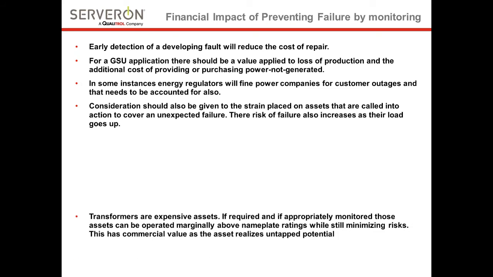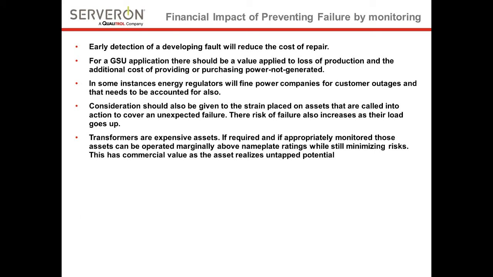Transformers are expensive assets. If required and if appropriately monitored, those assets can be operated marginally above nameplate rating, and we all know that. There is your 100% rating, and then there are the conditions under which you can operate at 110%, etc. But you can push that perhaps a little bit more, especially in a grid which is close to fully loaded.